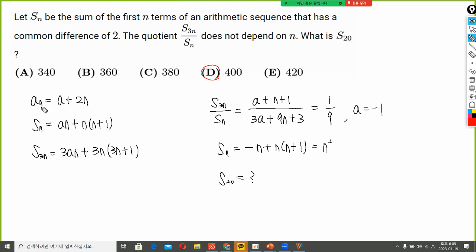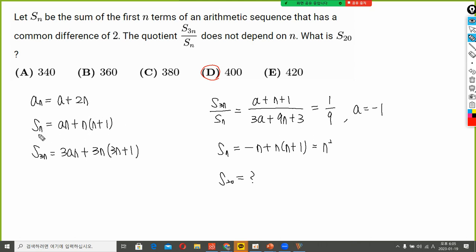And then from an to Sn, if we want to make the sum, we can use the sigma sign. If we add from 1 to n, the sum is n times n plus 1 divided by 2. So that's why the sum of 2n becomes n times n plus 1.